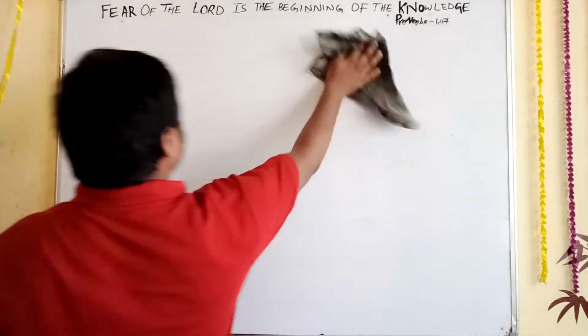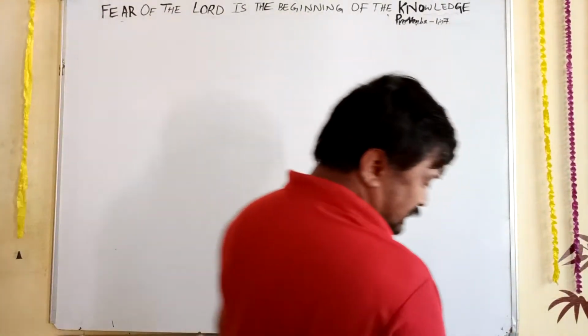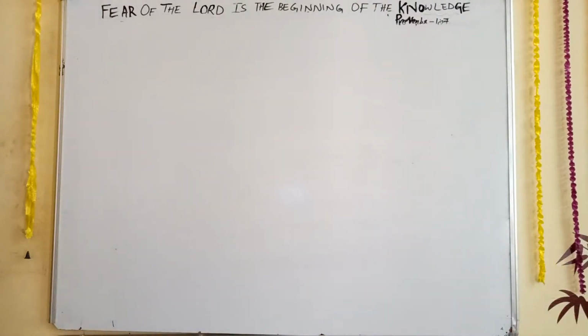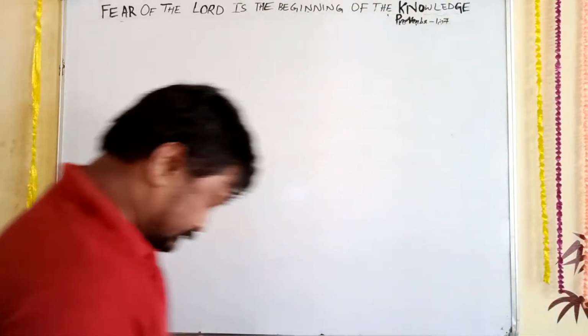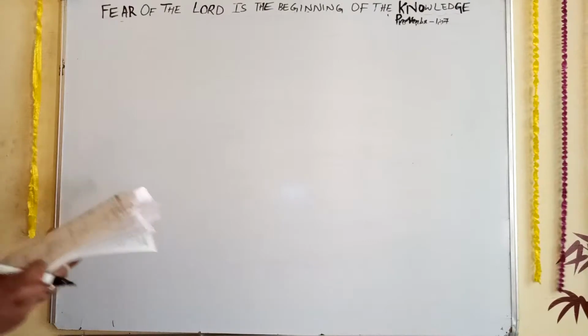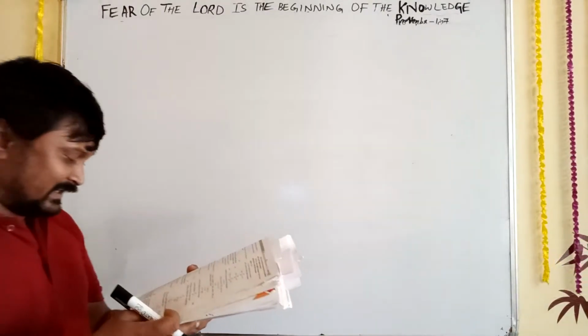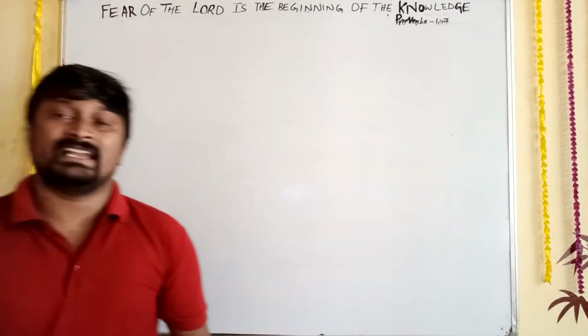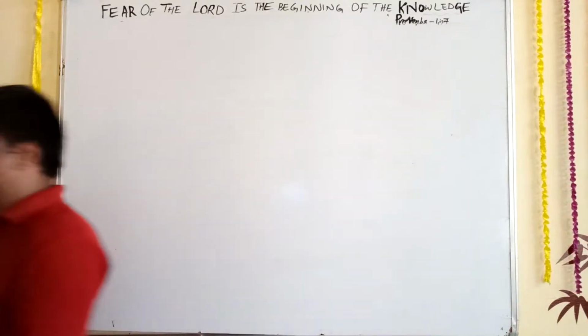Within 9 minutes, how many is possible? That many we will complete, and the remaining will be homework. Listen, the 10th question is just like the 9th question. Kindly complete it.